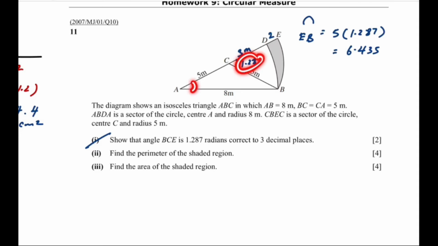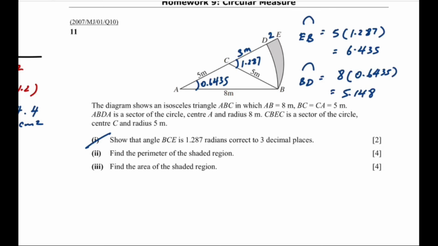So divided by 2, you get the angle at the circumference. So arc BD, R is 8, theta is 0.6435. 5.148. Okay, we have this.